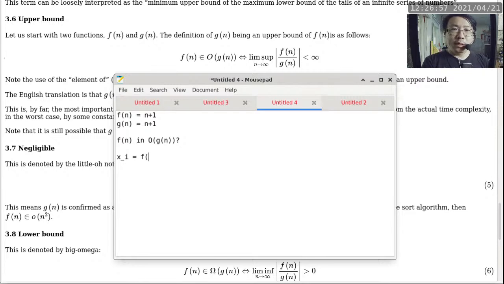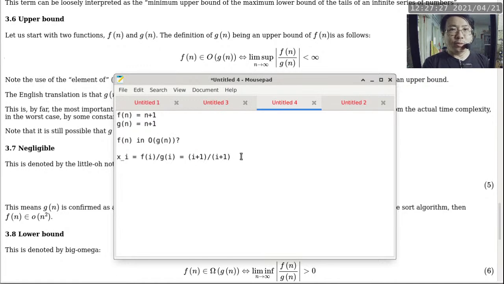We'll define x of i to be f of i divided by g of i. When we expand the definition of f and g, we end up with i plus 1 divided by i plus 1. This is i, not n, and this is also i, whereas i starts from 0.